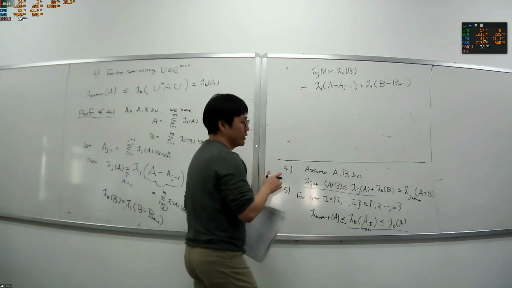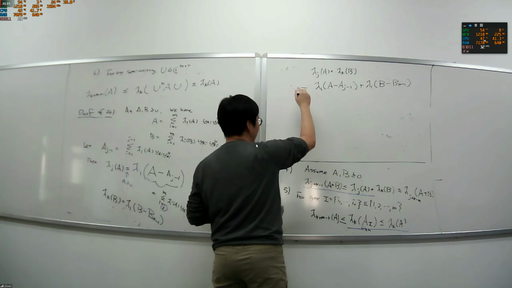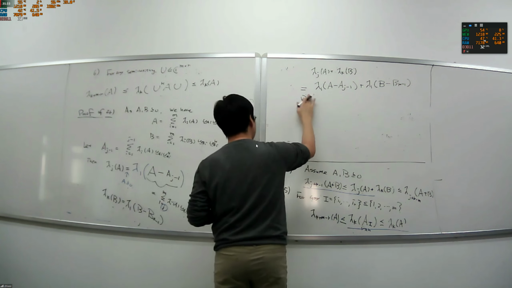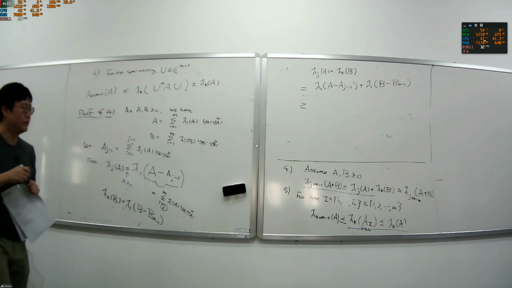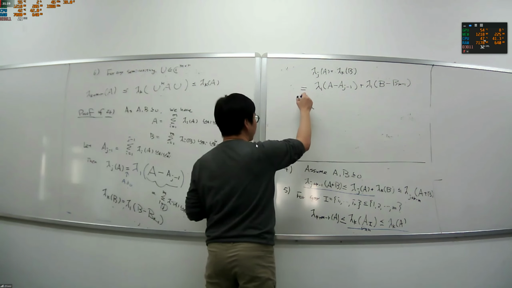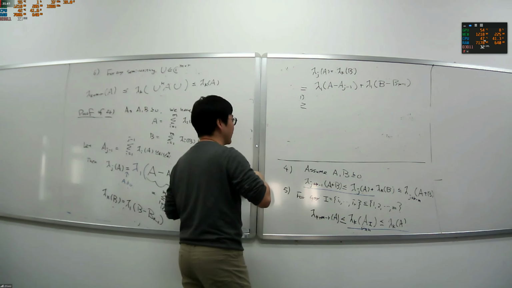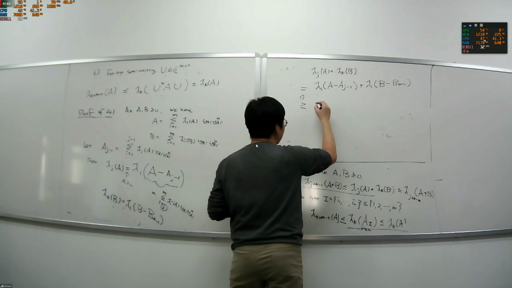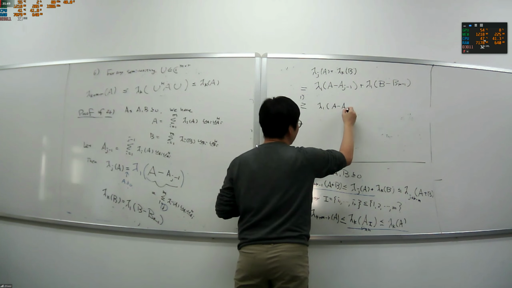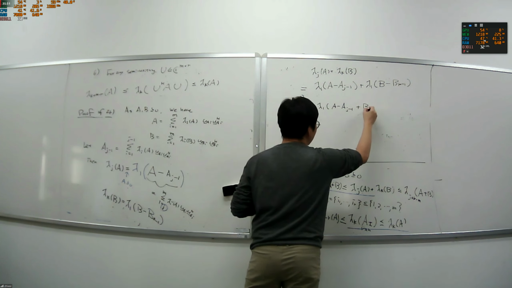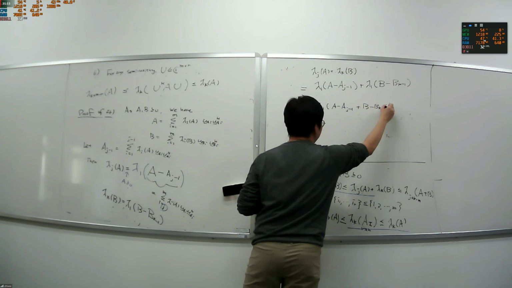Then by the Weyl inequality, the first inequality, you can check your notes for the first inequality, this can be lower bounded like this.